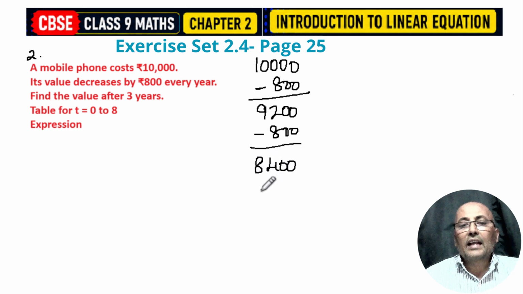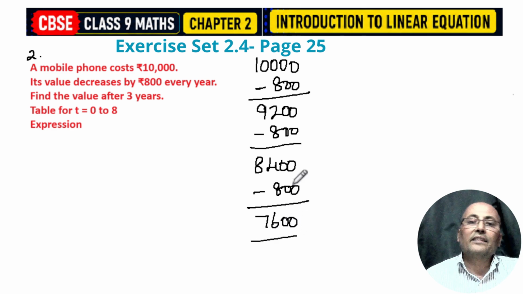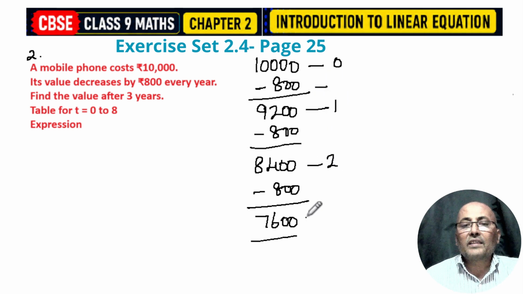Then again if you subtract 800, it will come 7,600. So this is in the beginning, 0. This is after 1 year, this after 2 years, this after 3 years. They are asking in years, so after 3 years, the value is going to be 7,600.